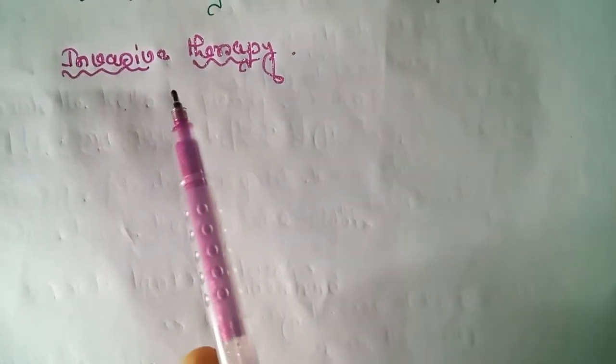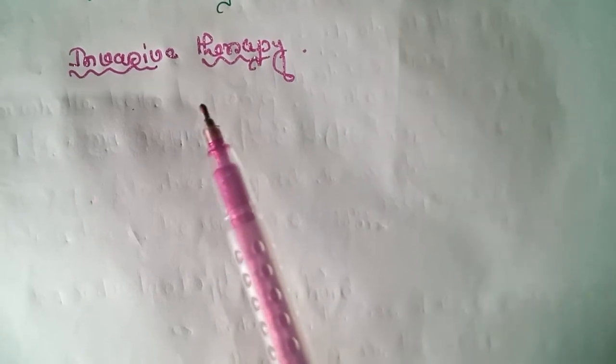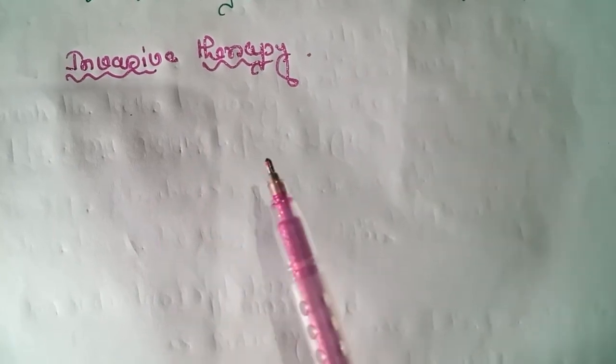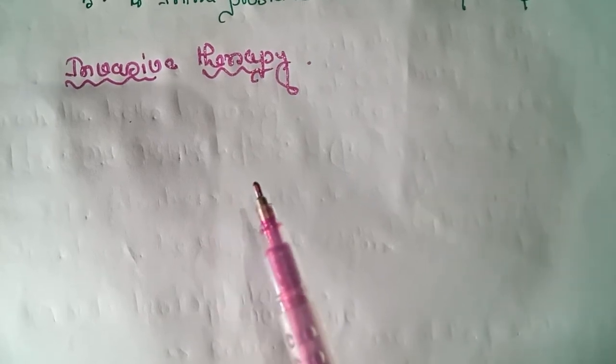Now moving on to invasive therapy. Invasive treatment of symptomatic BPH involves surgery. The choice of treatment approach depends on the size and location of prostate enlargement, and patient factors such as age and surgical risks.